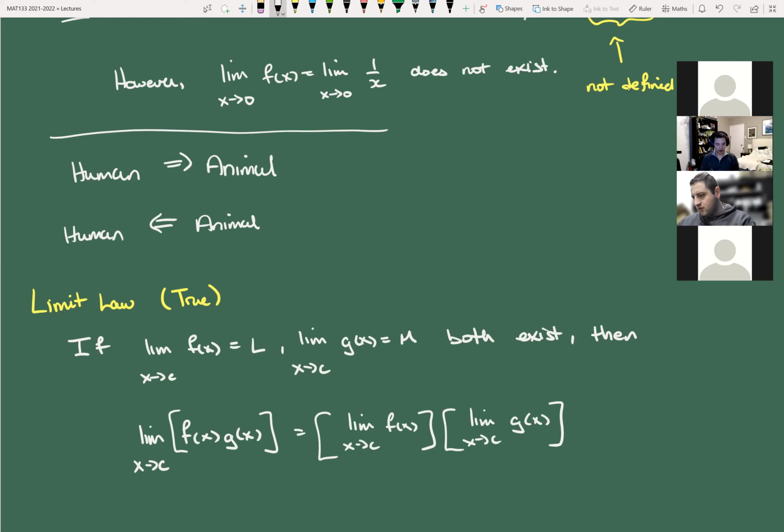So this is what the limit law says. This is absolutely true. The converse is what I asked you above, which is if we flip the arrow. This is kind of like the human thing. We're going to assume that the limits exist, and then that implies that this exists.